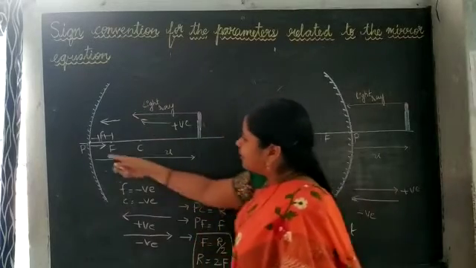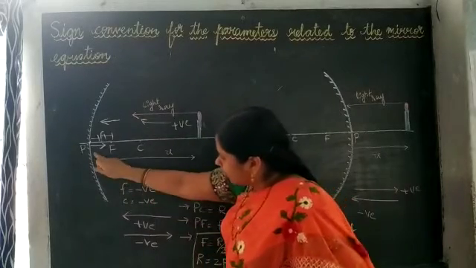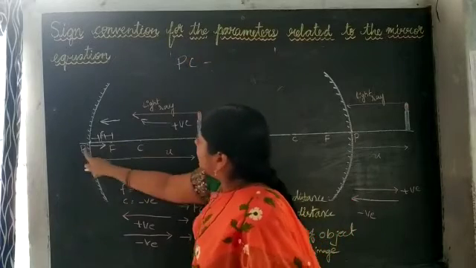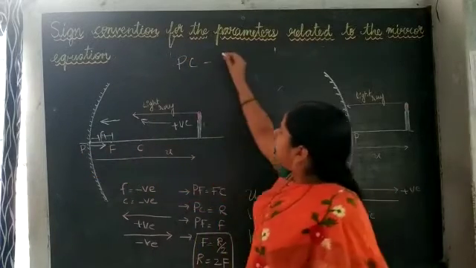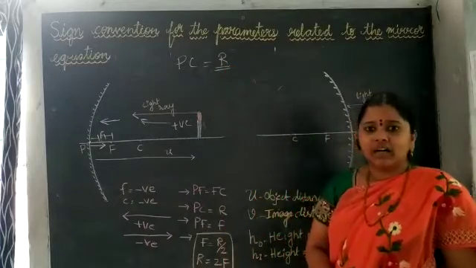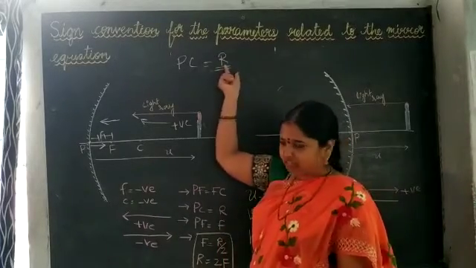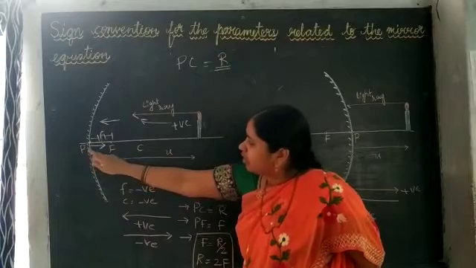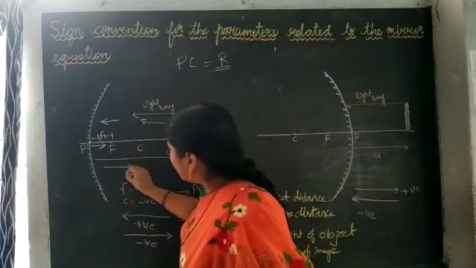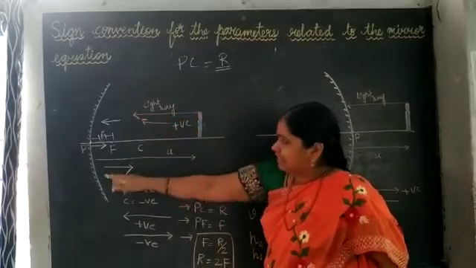Even the center of curvature: the distance between pole and C is known as the radius of curvature. We represent it with the letter R. R is the radius of curvature, the distance between pole and C. This is also measured in the opposite direction of the incident ray.